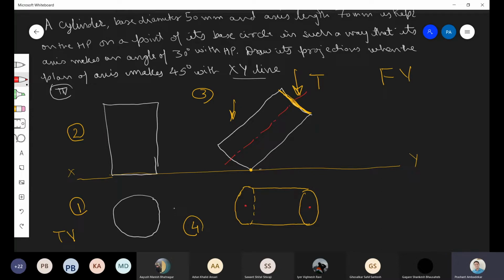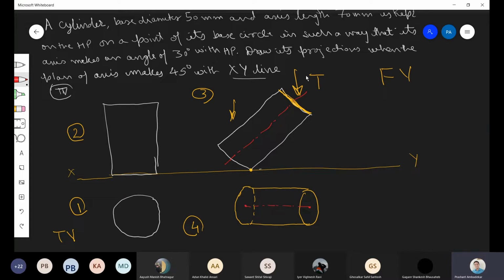Notice this axis will be drawn between these 2 points, because this point is representing the circle in the top face, and this point is representing the circle in the bottom face. So the axis drawn here will be like this. Now this axis is inclined to the XY line at 45 degrees.